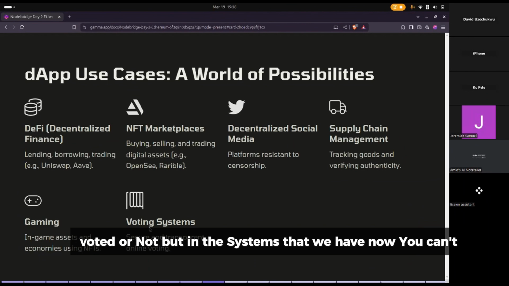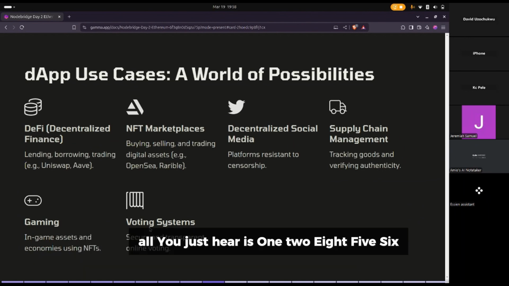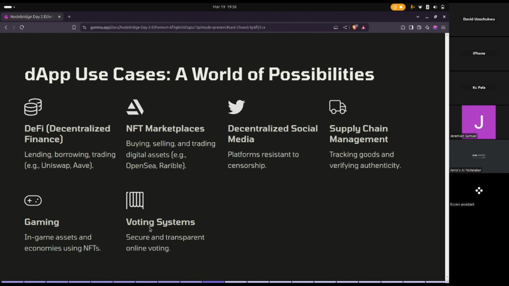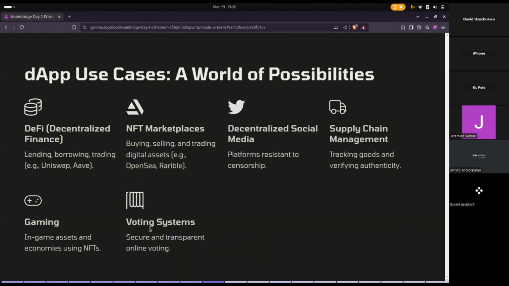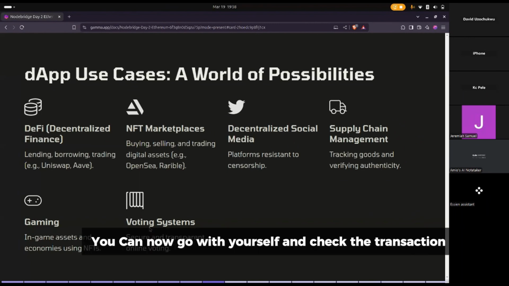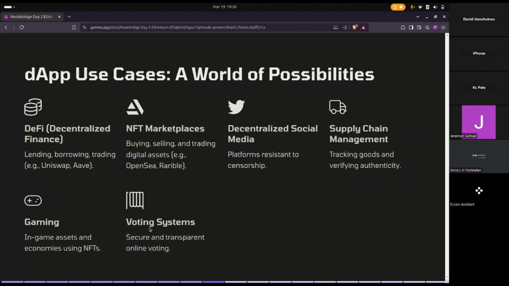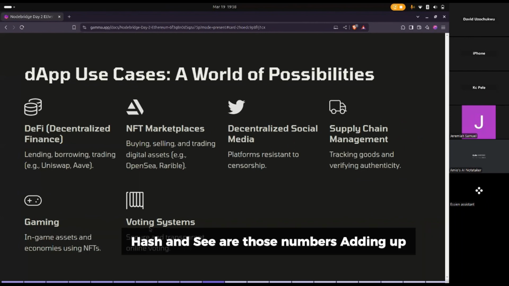But in the systems that we have now, you can't. All you just hear is 128564833 from this location, ACC3D4896 from the other location, but you can't verify it, and you just have to believe what you hear. But if we now have our voting systems on the blockchain, when they are calling figures, you can go yourself and check the transaction hash and see, are those numbers adding up?